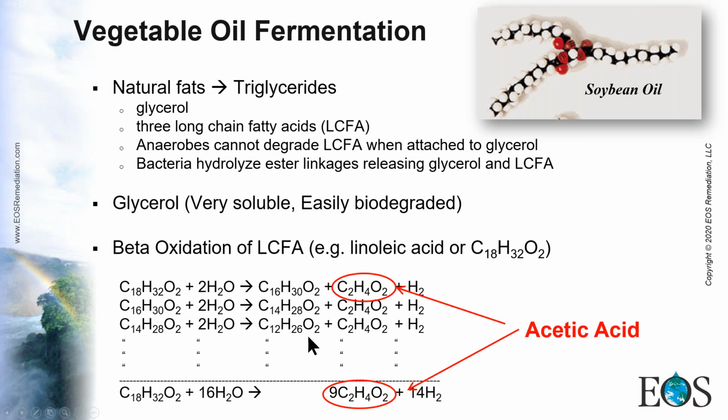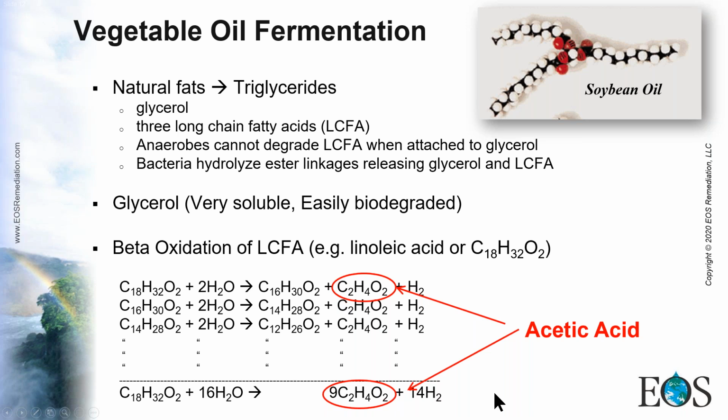So these bacteria progressively whittle away the long chain fatty acid, cleaving off an acetate and 1 or 2 hydrogens. The net result, once it gets down to the end, is that the long chain fatty acid produces 9 moles of acetate and 14 moles of hydrogen.